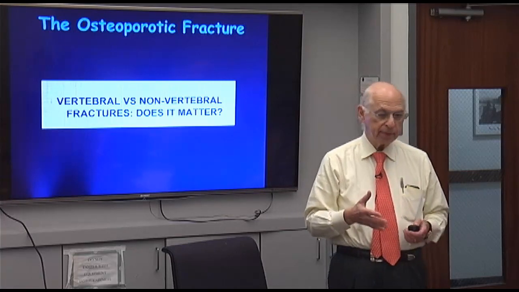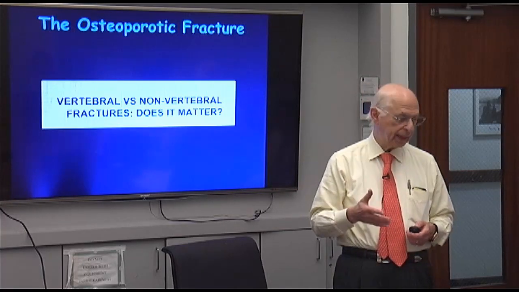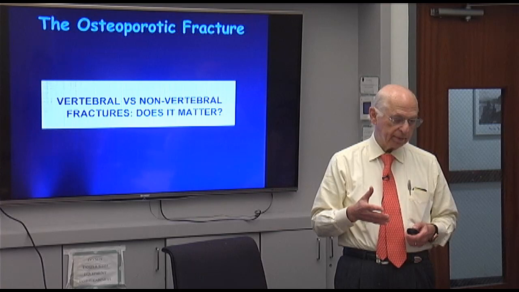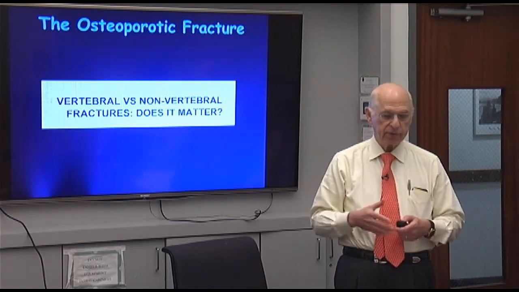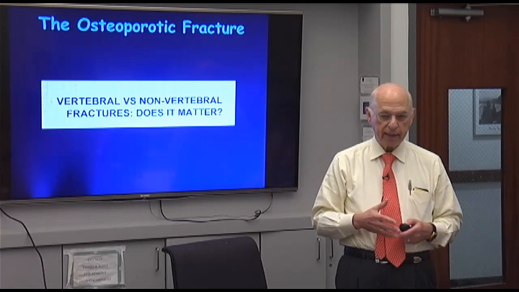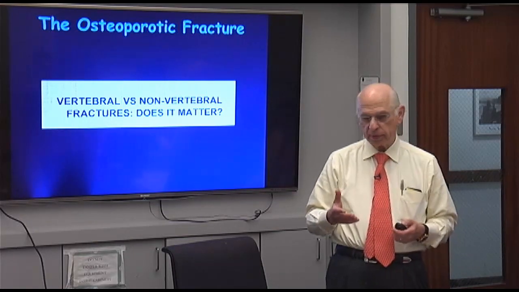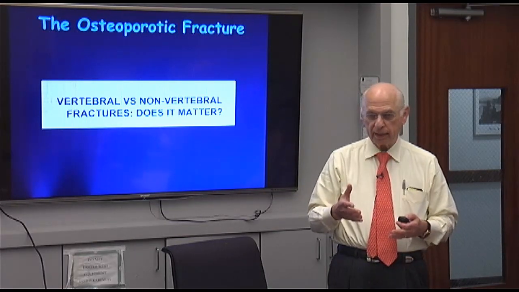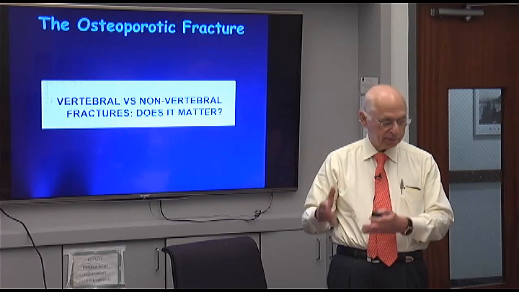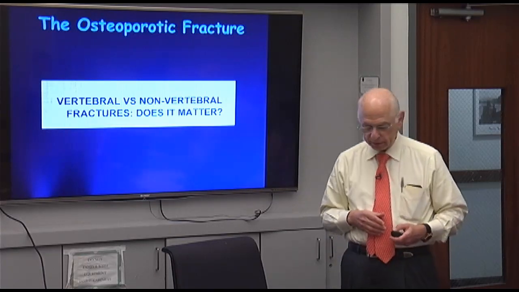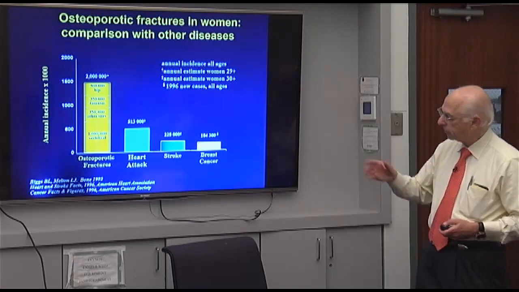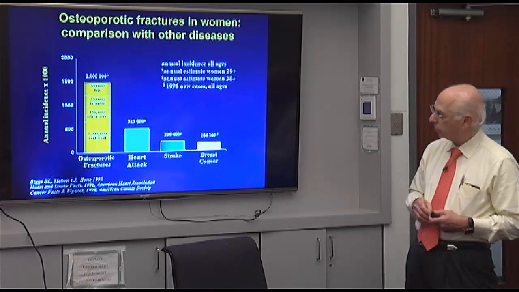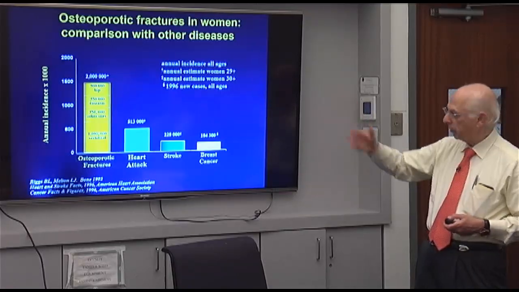But non-vertebral fractures have become an important endpoint because many of our drugs also reduce the incidence of non-vertebral fractures. And when you're thinking about osteoporosis, obviously you want a drug that will be effective at both vertebral and non-vertebral sites. If you look at, on the left, the bar graph that says osteoporotic fractures, there are 2 million.